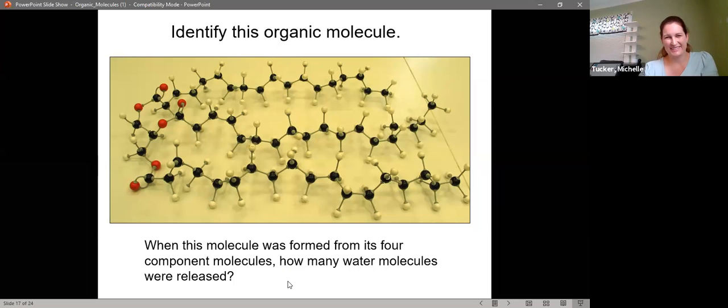A triglyceride, yep. And so again, you can work your way along, and you can see, for this guy here, is it saturated or unsaturated for this first one that's close? Correct, it's saturated.